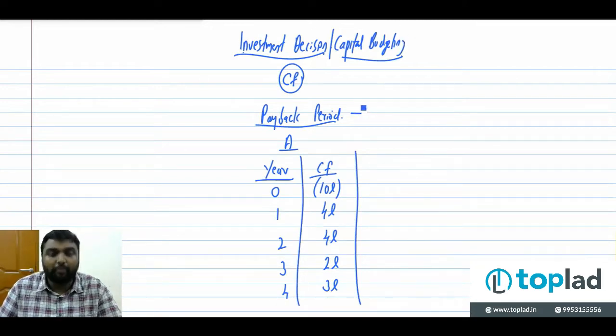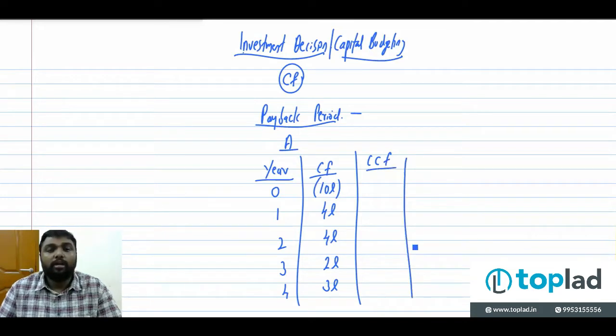What is payback period? Payback period will tell you the period in which we are able to recover our initial investment. How to find out payback period? Very simple technique. First thing, we have to make the cash flow cumulative. First year 4 lakh, that is cash inflow.